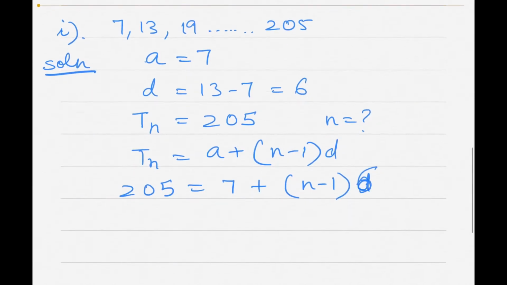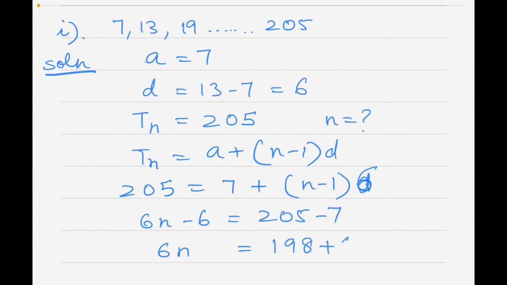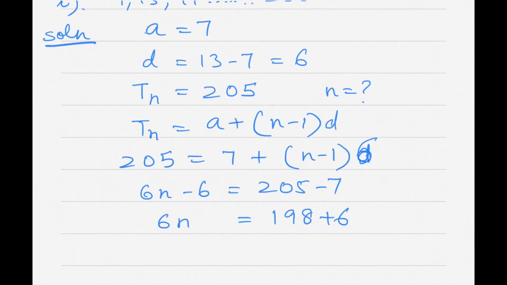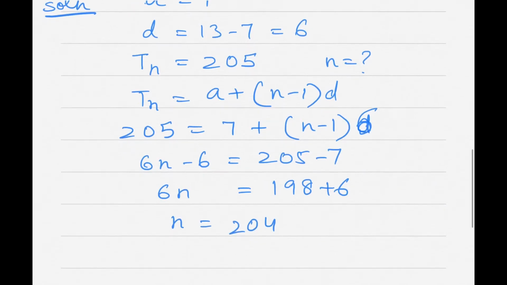Okay, so that's fine now. So now 6n minus 6 is equal to 205 minus 7. So 6n will be equal to 198 plus 6. So that's fine now. We have 204 divided by 6.